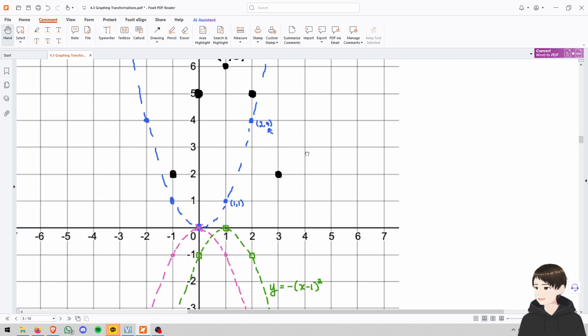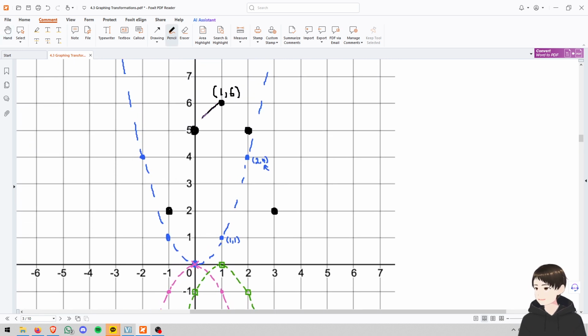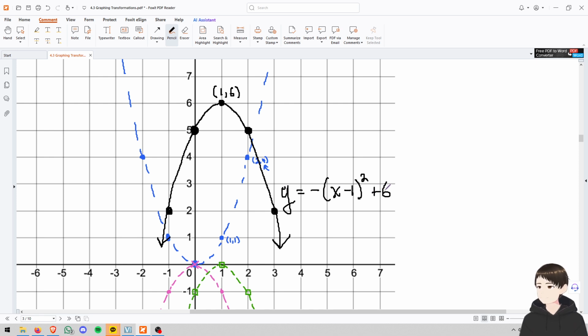And if I take a look at those black dots and I try to draw a nice curve, that's it. And this is my y equals -x-1 squared plus 6.